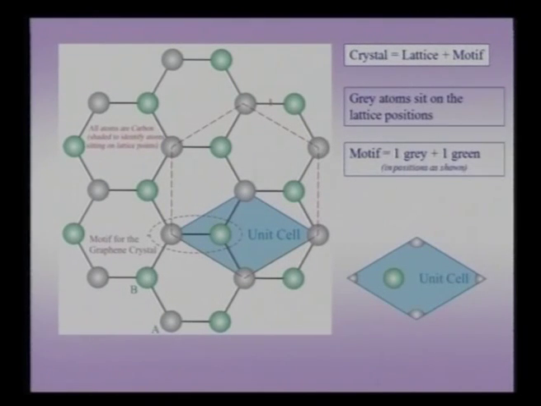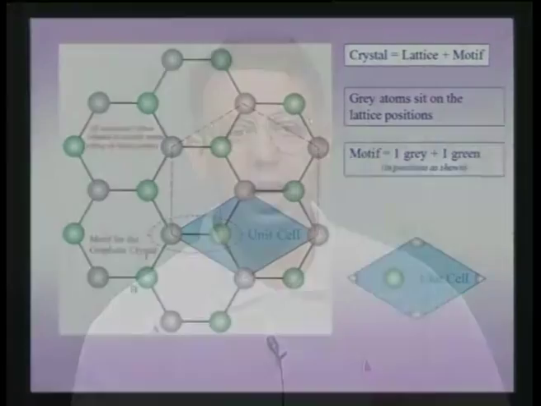So now, what is the unit cell? The unit cell, as you know in the conventional representation, has lattice points at the corner. In 2 dimensions it has to be a parallelogram, in 3 dimensions it has to be a parallelepiped, and we should have lattice points at the corners or at the vertices of such a unit cell.